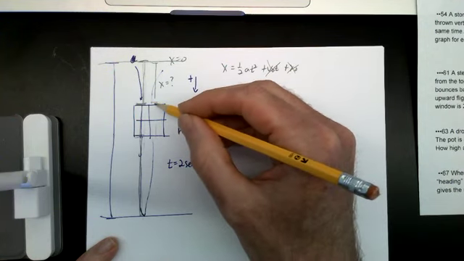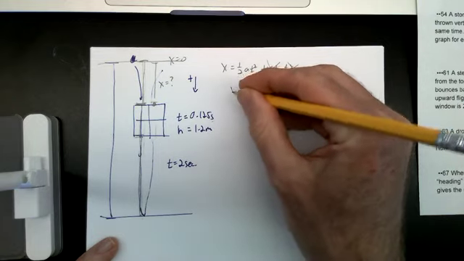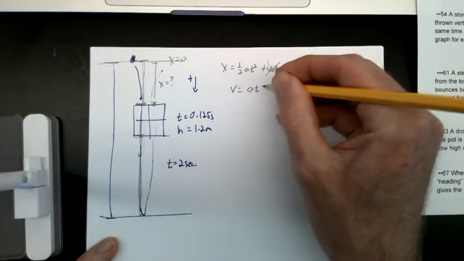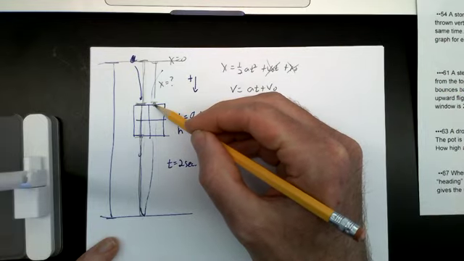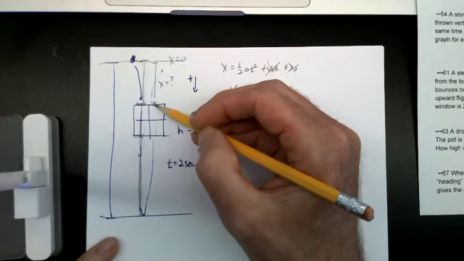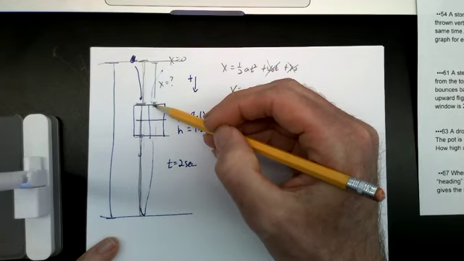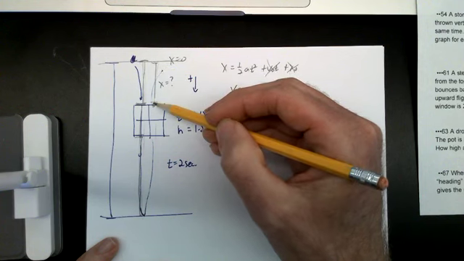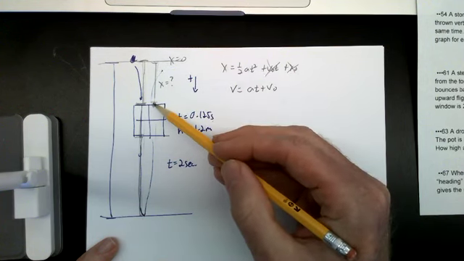If I know what the velocity is right here, I could work backwards with v equals at plus v0. If I know the velocity here, then I can work backwards and figure out how much time it took to fall. If I start out with 0 velocity and I know the velocity at this point, then I'll know the time it takes to get from there to there, and that would be pretty good. So somehow I've got to figure out what the velocity is right here.